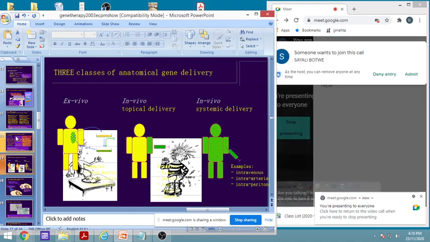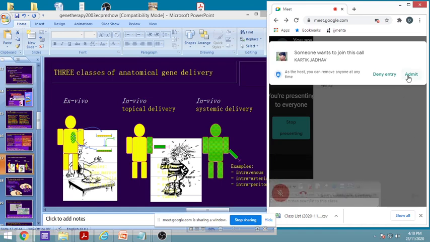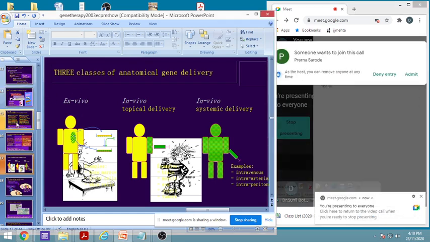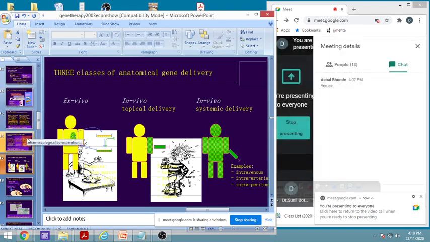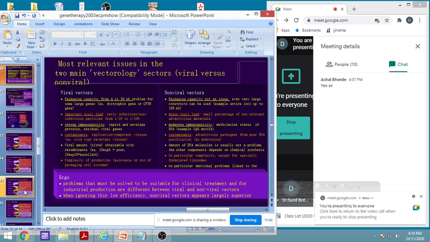It can be ex vivo, topical, or systemic delivery. Then we have seen two classes of gene transfer vectors, viral and non-viral, and the issues specific to each. We were almost in the middle of it.